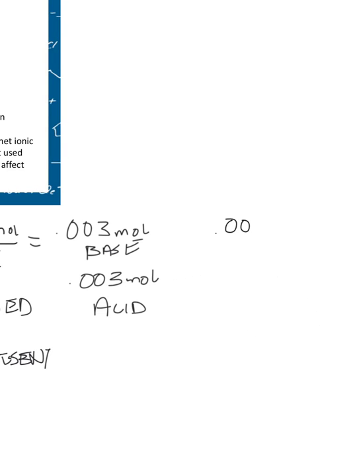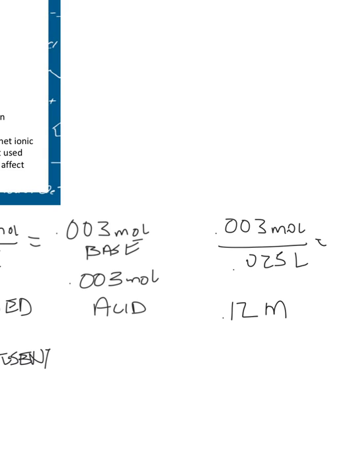So 0.003 moles over 0.025 liters. That gets us moles over liters. So that's our concentration. Pulling my calculator out. So I would get a concentration of 0.12 molar for this made up example.